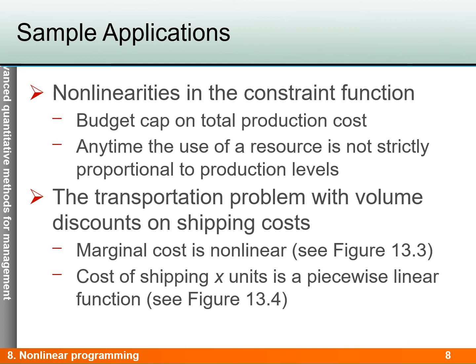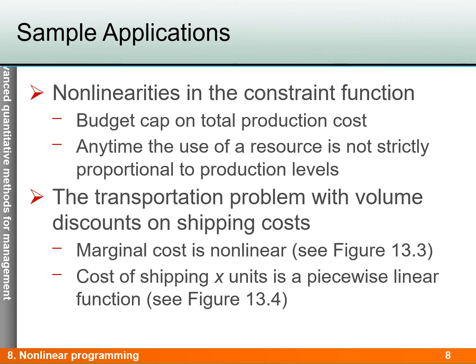In actuality and in reality, this cost may not be fixed. Obviously, there are marginal costs and they are different. Volume discounts sometimes are available for large shipments, so that the marginal cost of shipping one more unit might follow a pattern that we'll see in our figure 13.3 in our next slide.